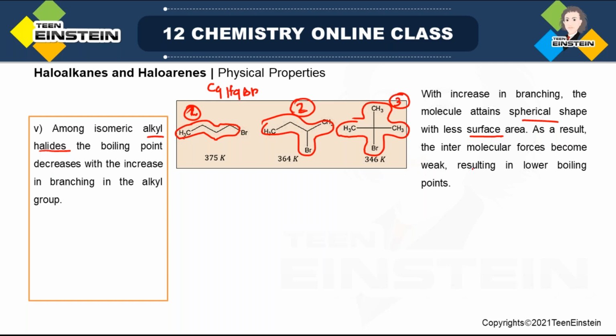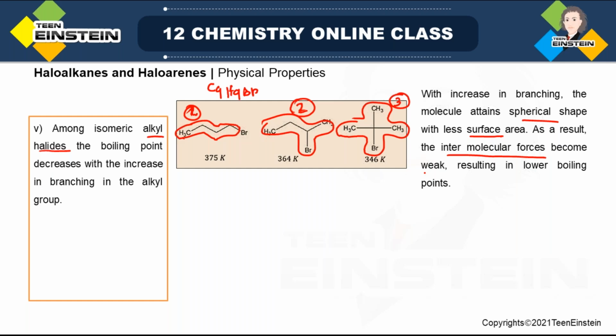Now, when surface area is very less, the intermolecular forces become very weak, because they are directly proportional to the surface area. And when intermolecular forces become weak, that means the boiling point will also be low, because to separate the molecules, to increase the distance between the molecules, you don't have to provide very high energy.